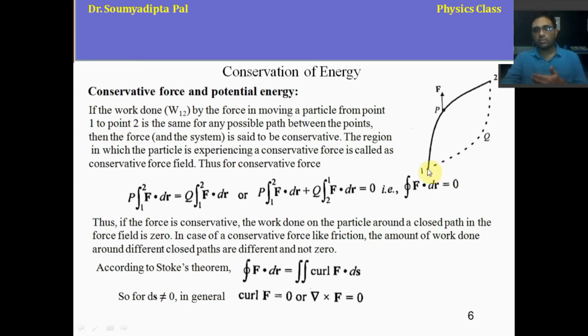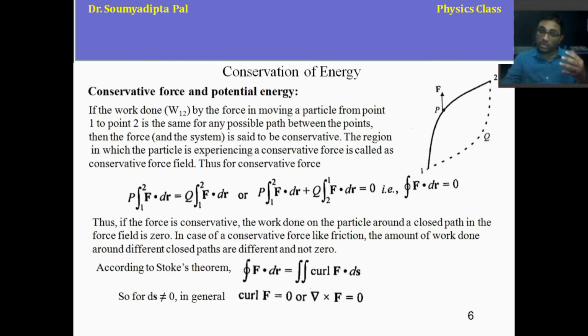If we move the particle from 1 to 2 along this path, the P path, whatever work we do will remain the same if we move the particle along the Q path.